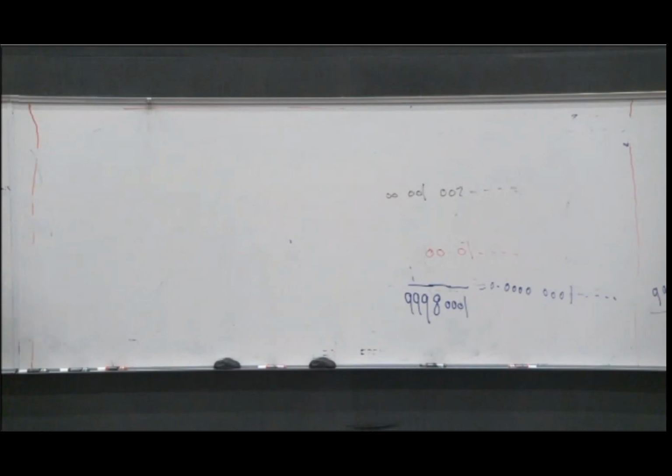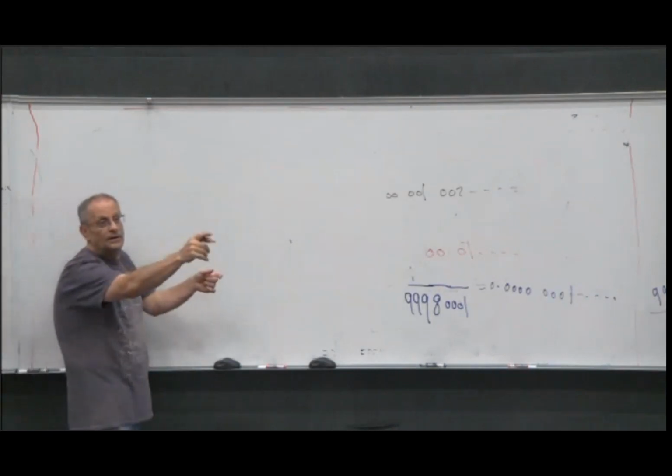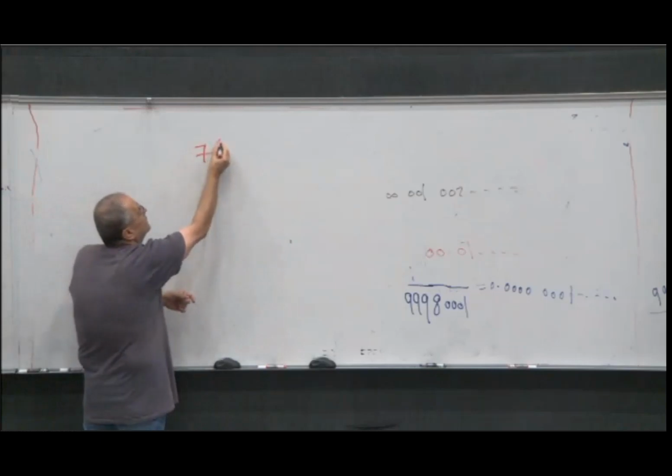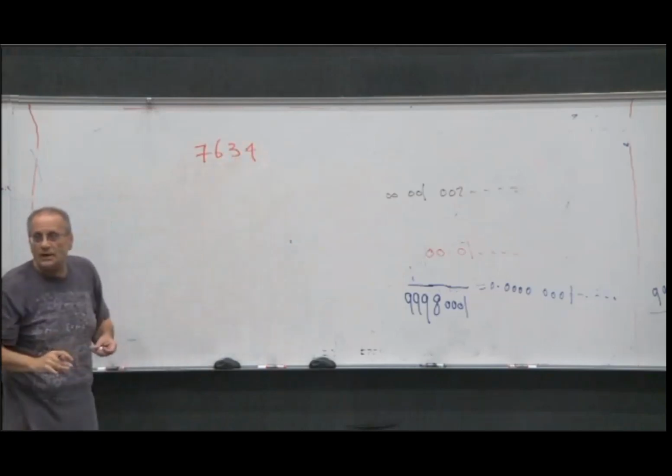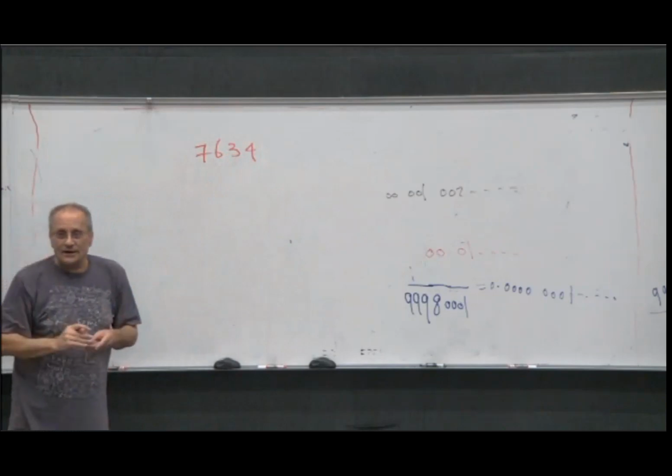Choose any 4-digit number. All digits are distinct, but do not use 1. Go ahead, somebody name. 7, 6, 3, 4. 2, 3, 4, 5. Just 1. Oh, it's 1.